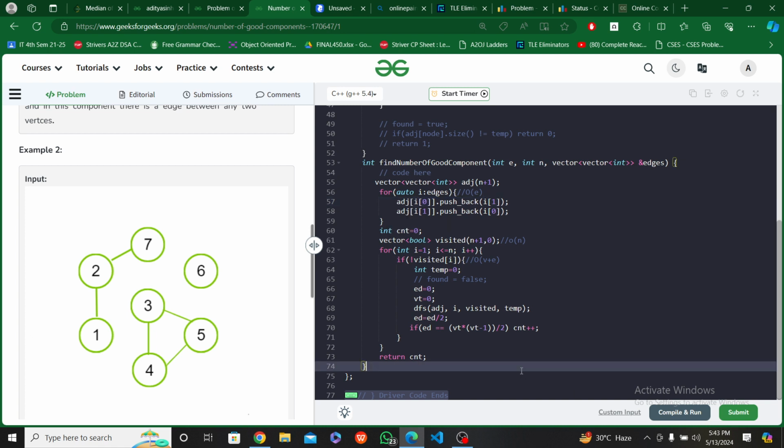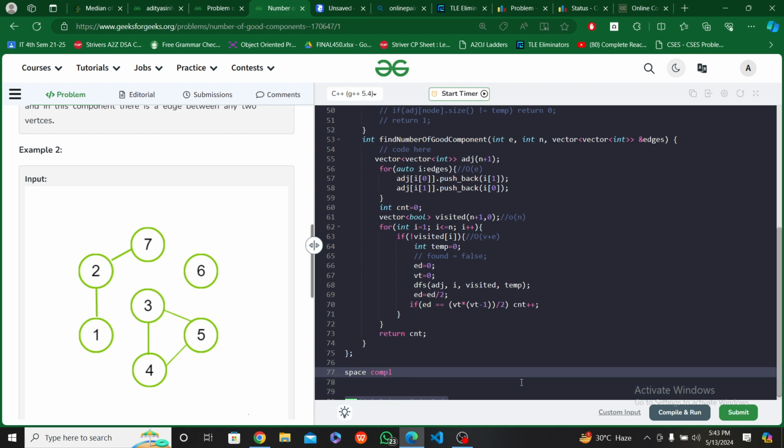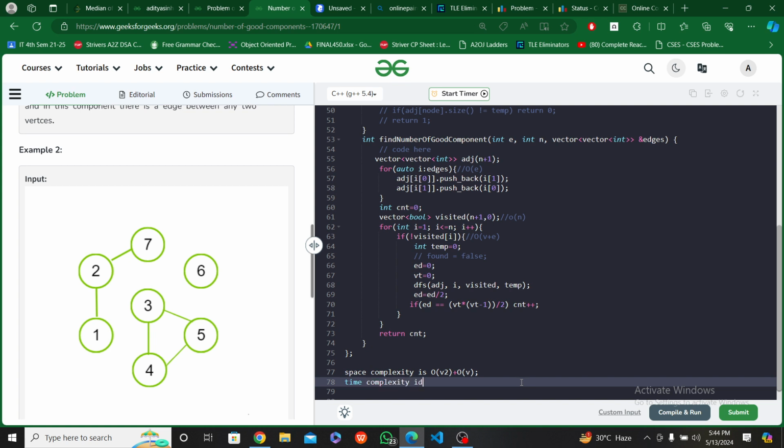So the space complexity is O of V square plus O of V. And the time complexity is O of V plus O of V plus E, or we can say O of V plus E. This is my time complexity.